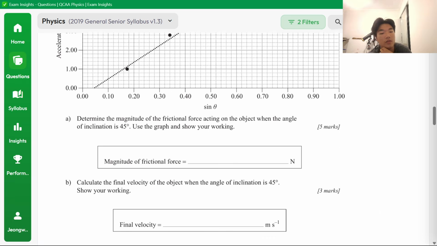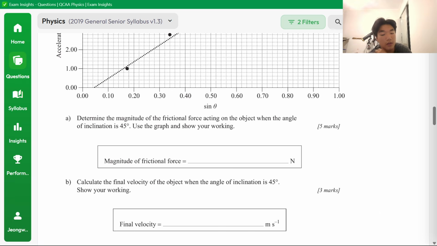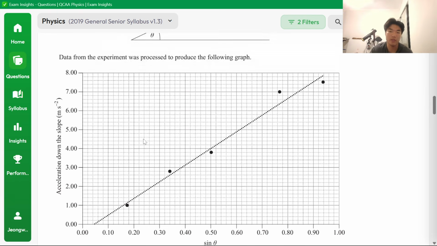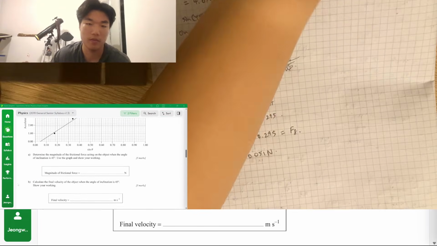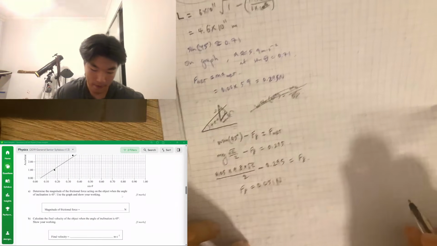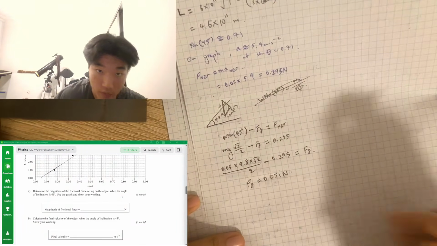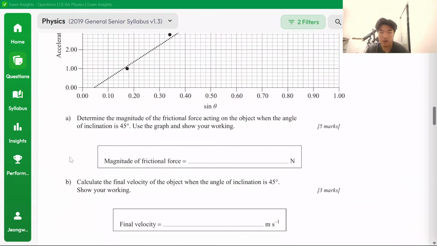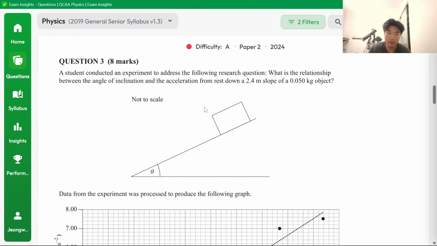Calculate the final velocity of the object when the angle of inclination is 45 degrees. Show your working. We're given that the length of the slope is 2.4. We know also, what else do we know actually?